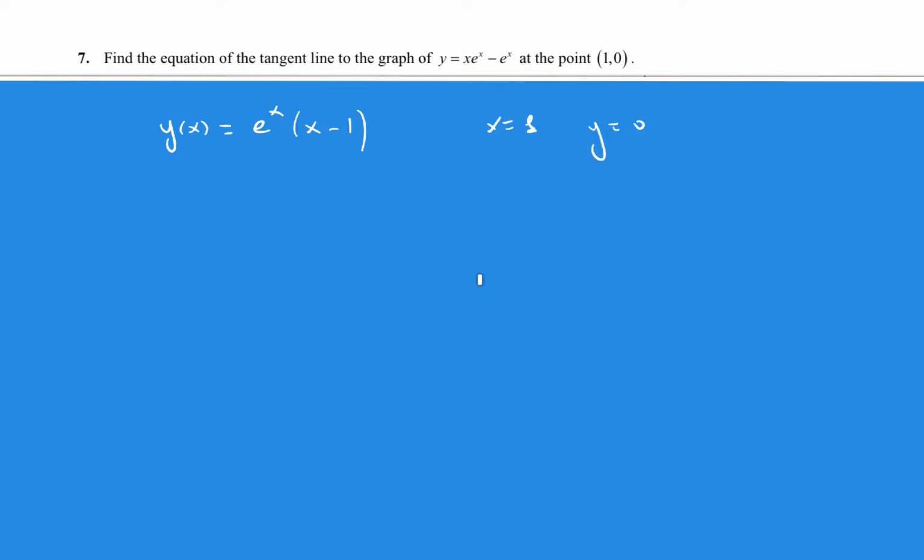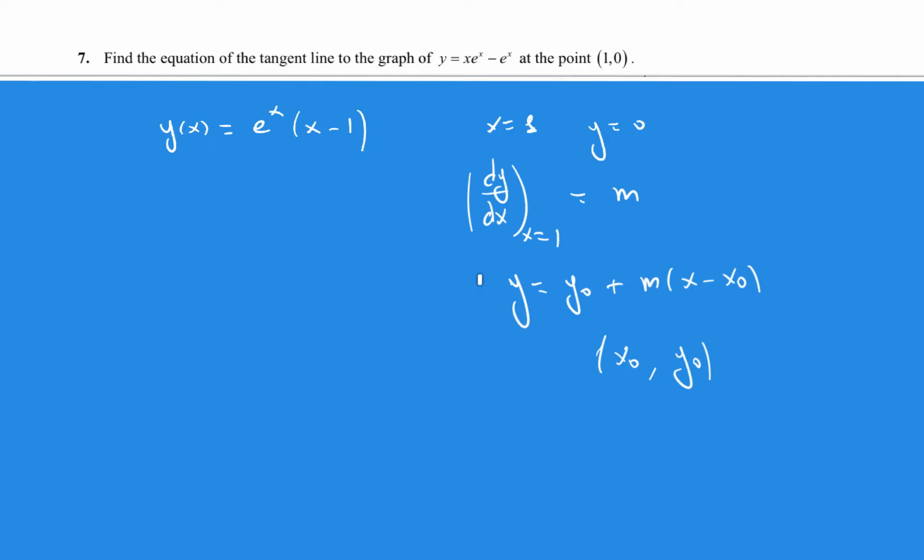Once I find the slope, the derivative of y with respect to x at x equal 1, let's call it m, the tangent line will be y equal y0 plus m by x minus x0, being the point x0, y0, the point 1, 0. So let's do it.